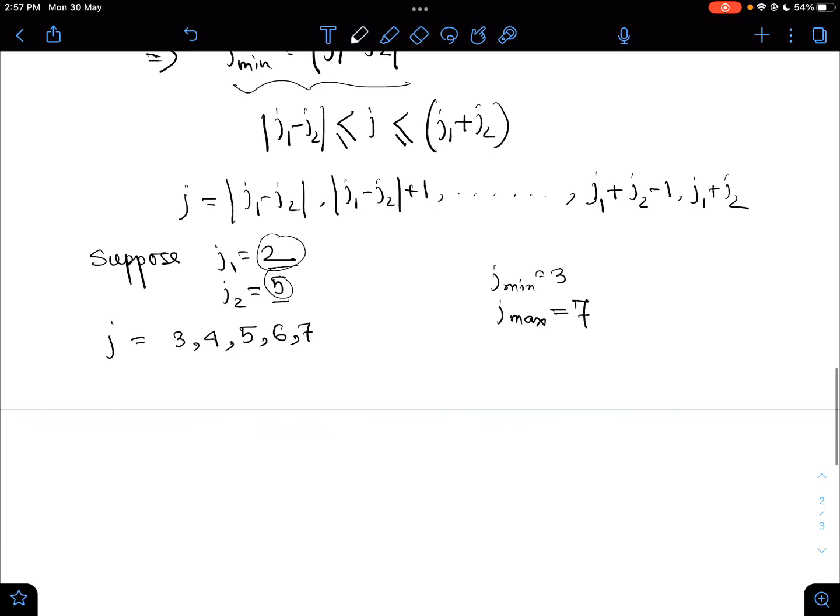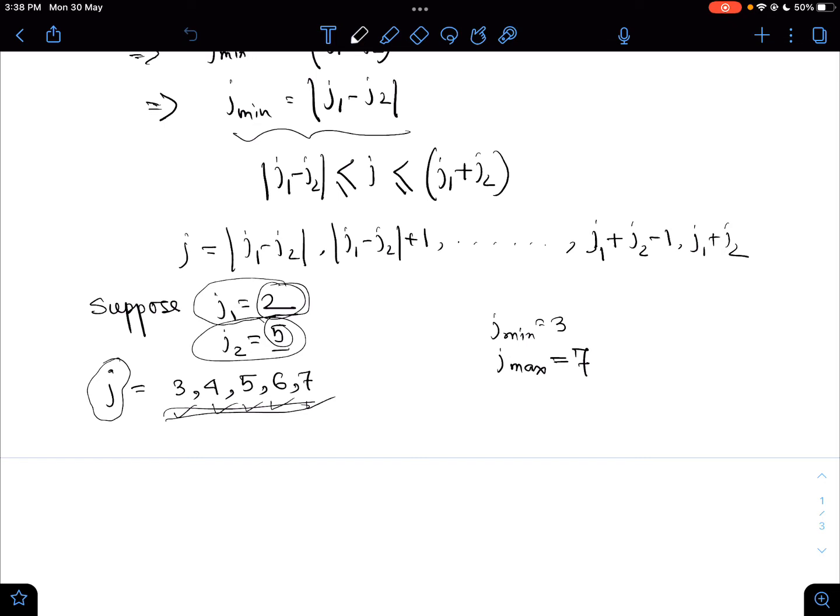So in this way, if we are given two angular momenta, from the addition of angular momentum we can calculate what will be the angular momentum of the product space. So the product space can have angular momentum of these values.